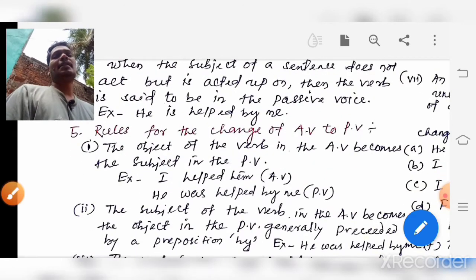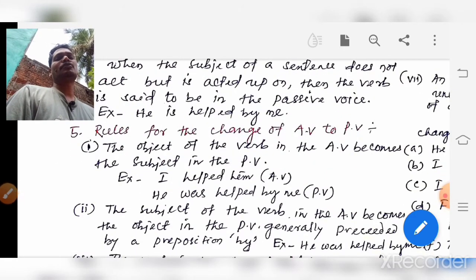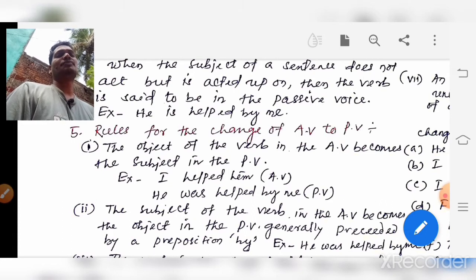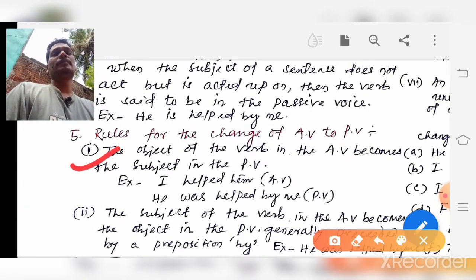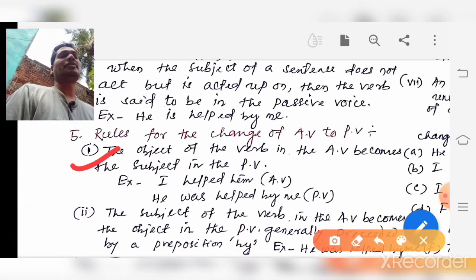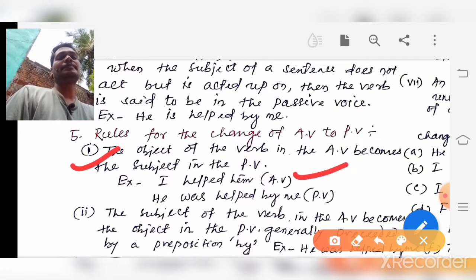Then we are going to study some rules of the change of AV to PV. First rule: the object of the verb in the active voice becomes the subject of the passive voice. We know, I helped him. Although I works here majorly in the first sentence, it is called active voice.